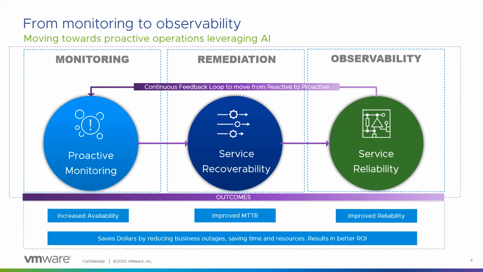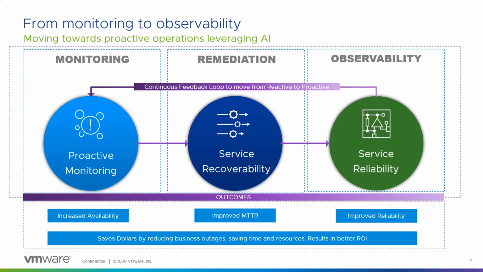Now, those days are slowly going away because customers are more and more asking for being proactive. The reason for being proactive is that they want to make sure that their services, whatever they're providing from their IT infrastructure, are highly available, and they want to increase the availability.